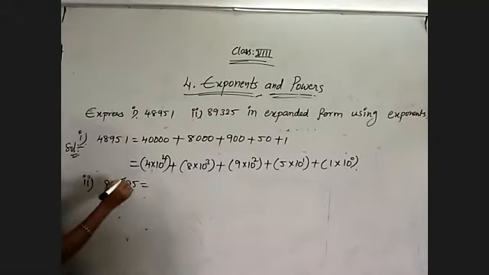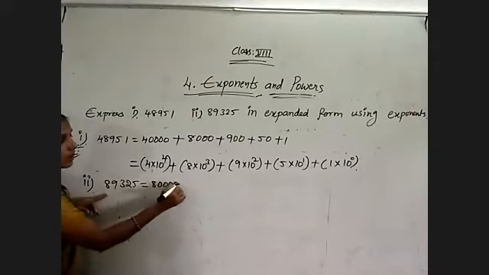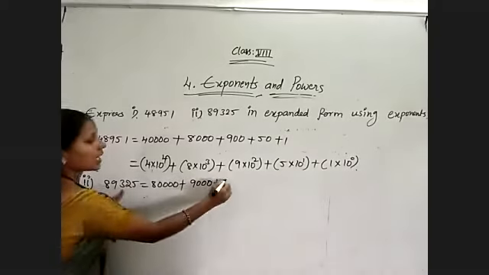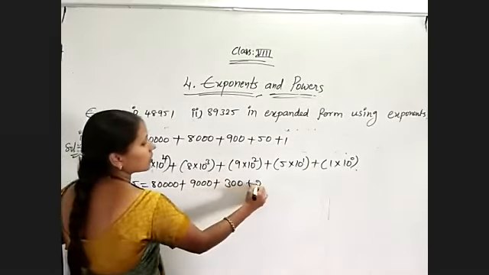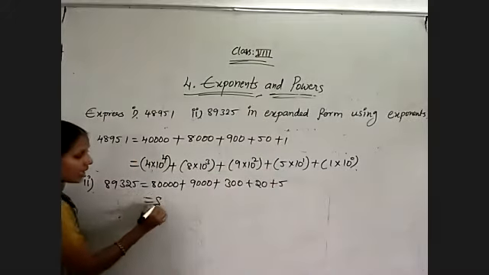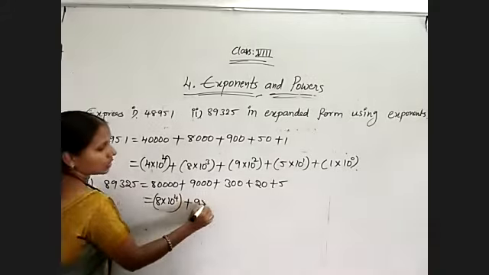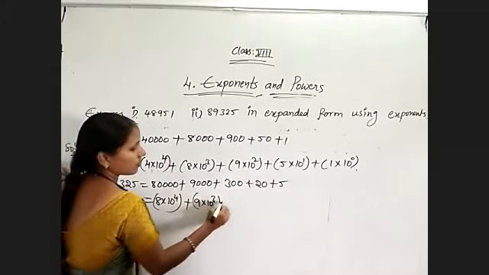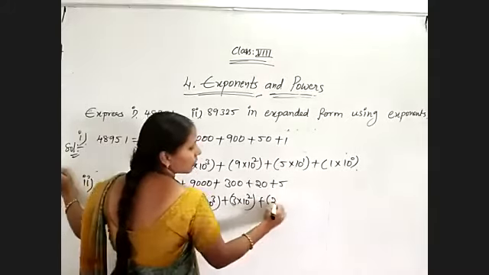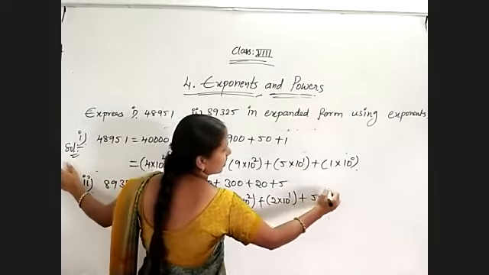Then try to write for the next number, 89,325. That is 8 in the 10,000 place, so 80,000, plus 9,000, plus 300, plus 20, plus 5. In exponential form: 8 into 10 power 4, plus 9 into 10 cube, plus 3 into 10 square, plus 2 into 10 power 1, plus 5 into 10 power 0.